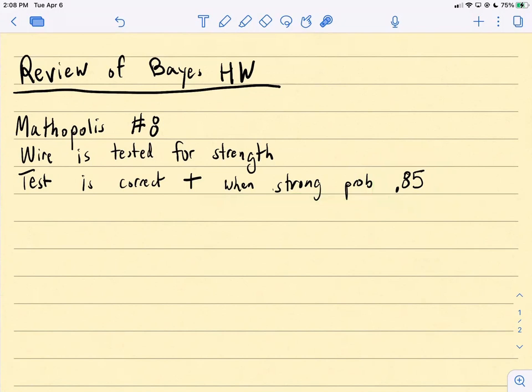If you ever say the probability of this happening when this happens, or given that this has happened, that's called a conditional probability. So that tells us this is along the second level of our tree, and we're going to multiply that by something in the first level, which is the probability of it actually being strong.